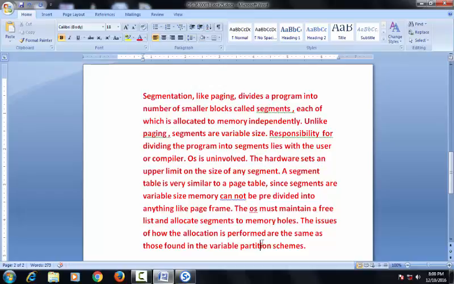So first we have to arrange the free holes, then we enforce some policies, as we had discussed in the last lecture, maybe best fit, maybe worst fit, maybe next fit, or maybe first fit. So we have 4 different policies to allocate a partition in dynamic partitioning, right?